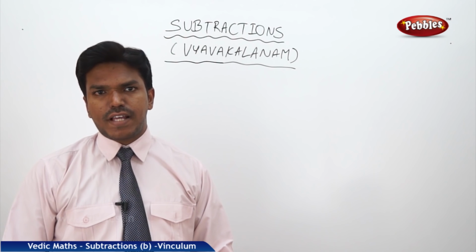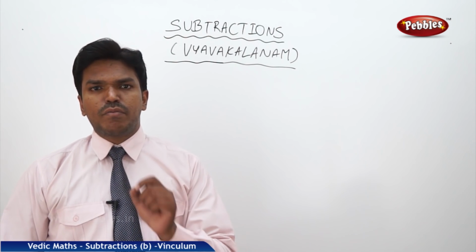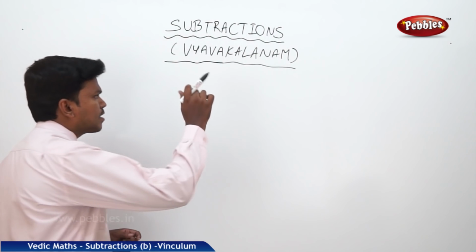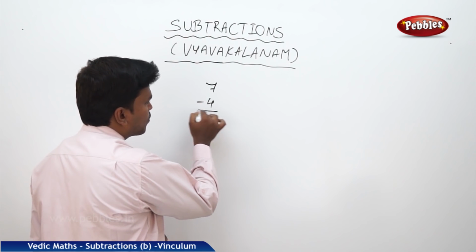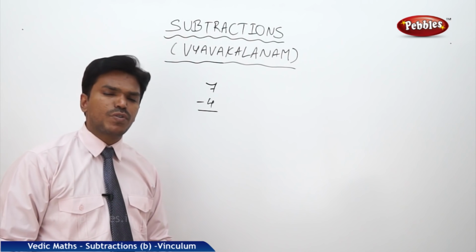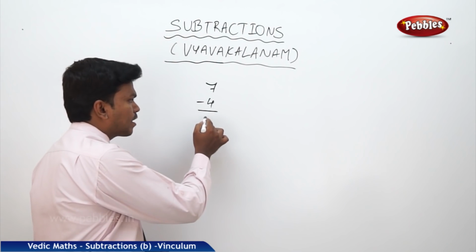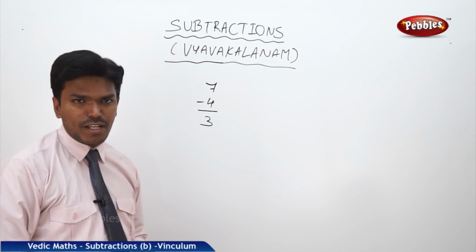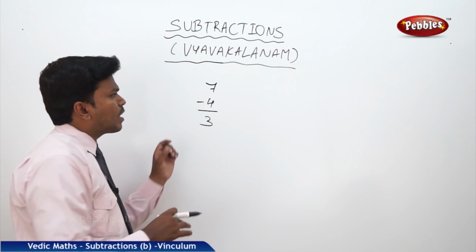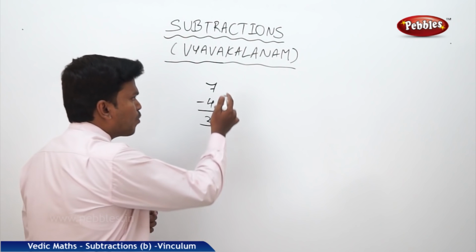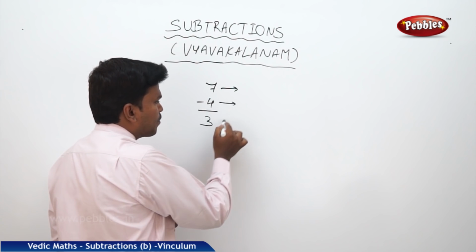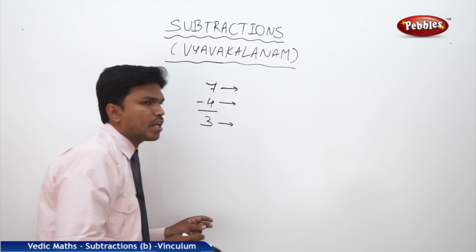Before starting subtractions, I will give one more basic point. Suppose you are subtracting 7 minus 4. Of course I know the answer is 3, and I know that you also know the answer is 3, but there are some specific terms for this subtraction. The above number, the below number and the answer all have specific terms.